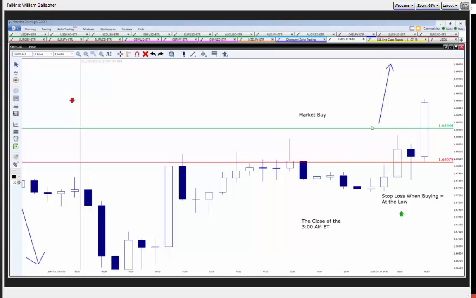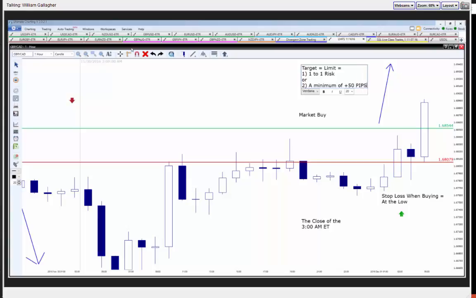So we believe the market's going up. We're in a market buy position. We have our stop loss set. Let's see what we're risking on this trade. In this case here, we're risking about 46 pips. So if you remember, once again, our target, which is our limit, is going to be either a 1-to-1 risk ratio, or number 2, a minimum of plus 50 pips.